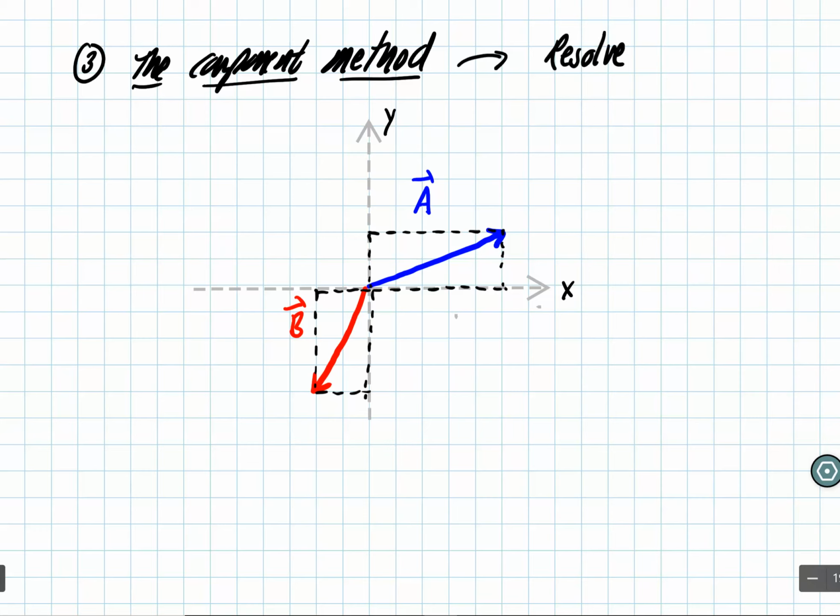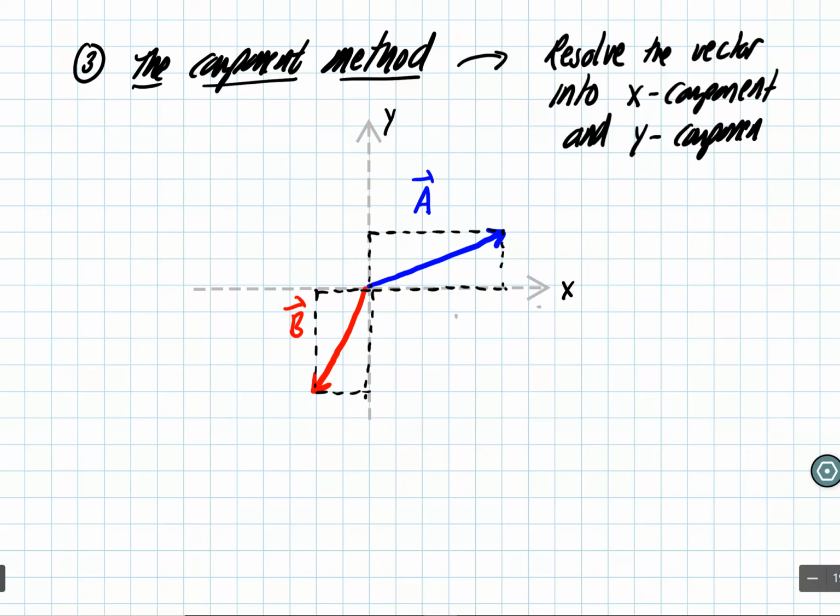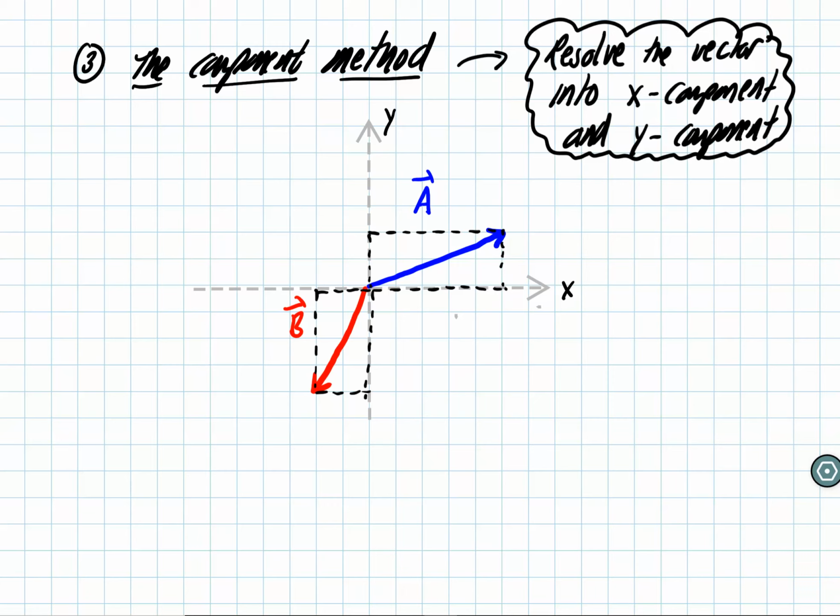It just means break down the vector into its x component and its y component. So we're going to essentially break these vectors down to their x parts and their y parts. And the boxes are going to help us do that.